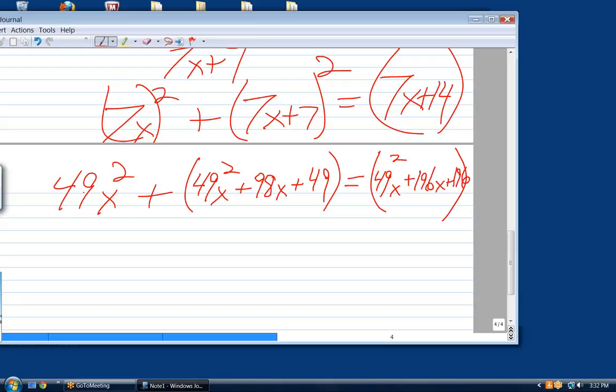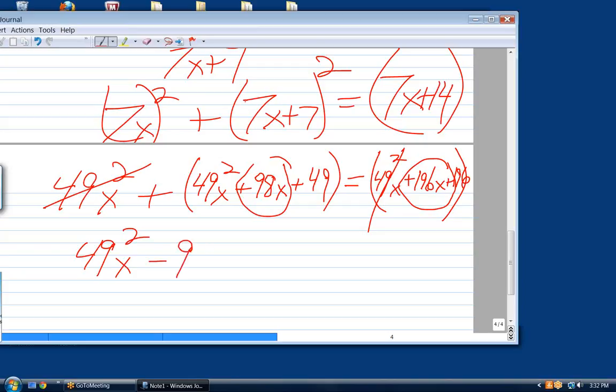Now everything isn't going to disappear. We can cross off this term and this term, and then we can combine like terms and end up with a quadratic that we can solve. So we have 49x squared. We have plus 98x minus 196x. That gives us minus 98x.